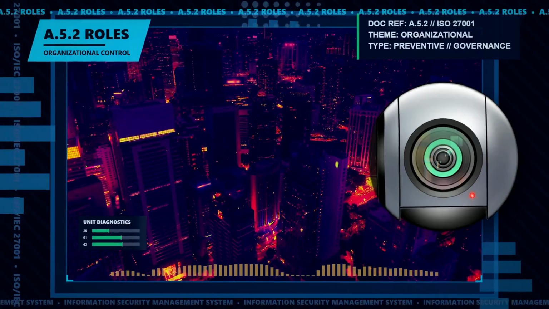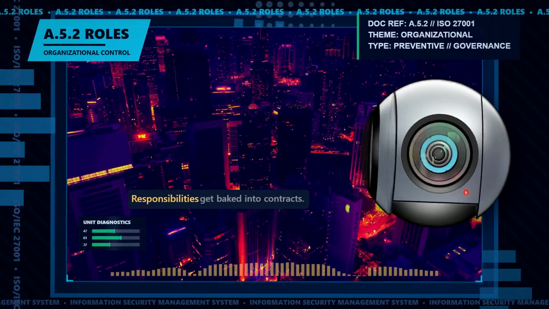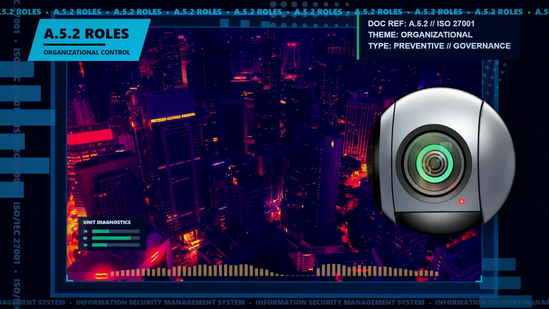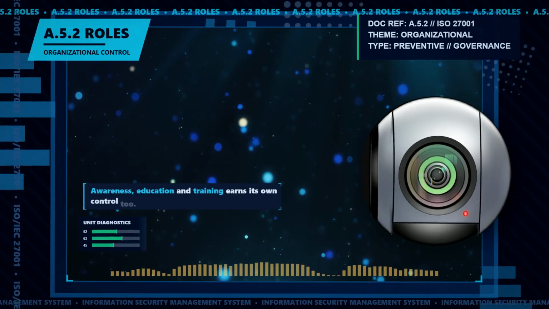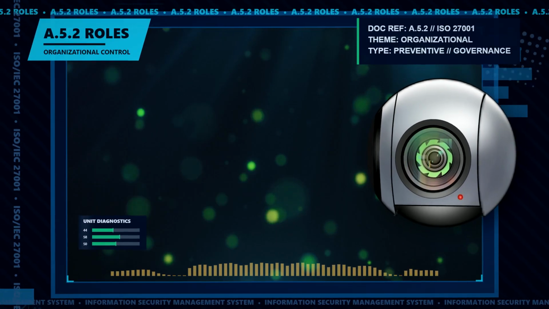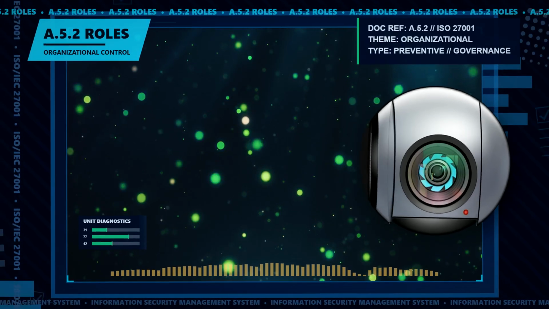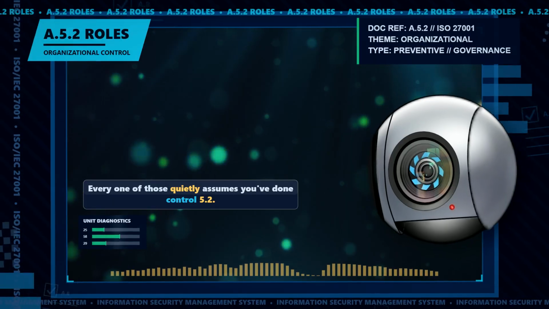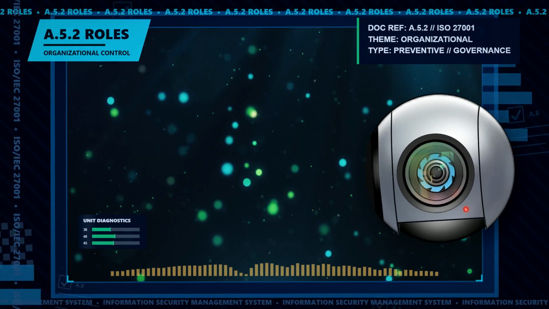Annex A Control 6.2, Terms and Conditions of Employment, is where responsibilities get baked into contracts. Annex A Control 6.3, Awareness, Education and Training. And Annex A Control 5.24, Information Security Incident Management Planning and Preparation, which needs to know exactly who picks up the phone at 2 in the morning. Every one of those quietly assumes you've already done Annex A Control 5.2 properly.